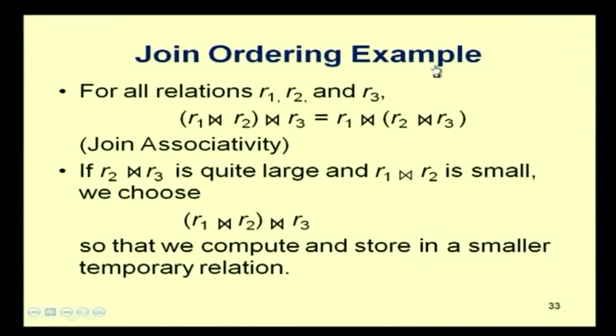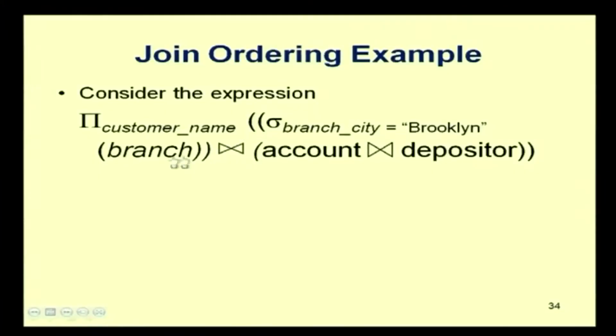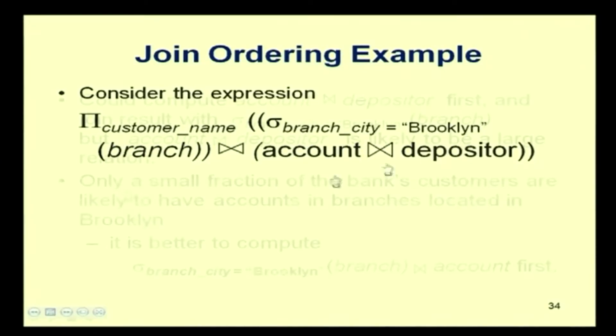So, join ordering example: for relations R1, R2, R3, you can have (R1 join R2) join R3 or R1 join (R2 join R3). This is called join associativity. If R2 join R3 is quite large and R1 join R2 is small, we choose the latter, so that we compute and store it in a smaller temporary relation. So, consider this expression, customer name, branch city is equal to Brooklyn, the same example.